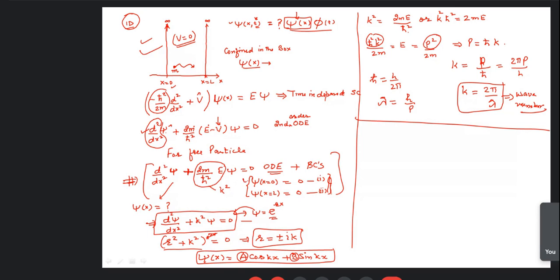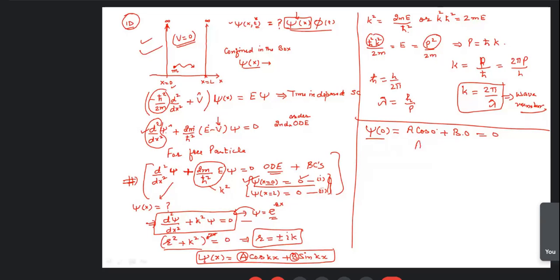So if I apply the first boundary condition on my wave function psi, I know the wave function at x equals 0 should be equal to 0. So if I put x equals 0 here, wave function should be equal to 0. So let me write, wave function at x equals 0 is a cos of 0, which is 1, plus b sine of 0, which is 0. This should be equal to 0 because wave function at x equals 0 is 0. So what does it give you?